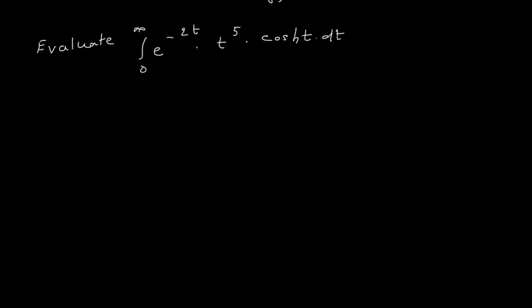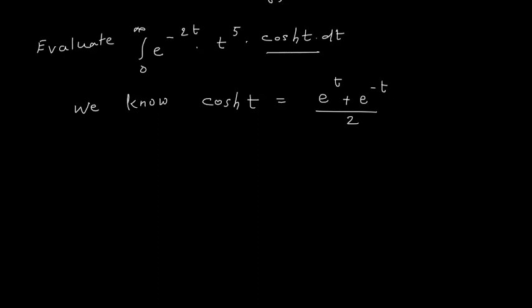Now here again I will say that we know this cos hyperbolic t can be written as e power t plus e power minus t whole divided by 2. Okay. So in place of cos hyperbolic t, I will replace this value.